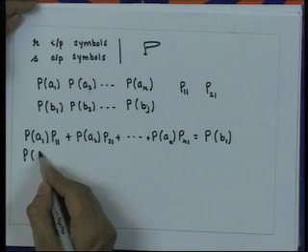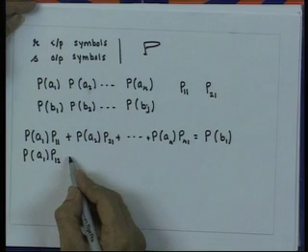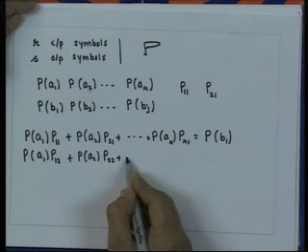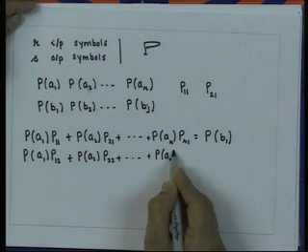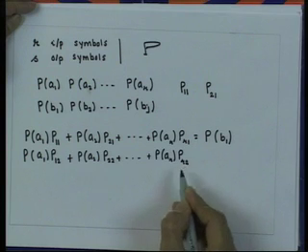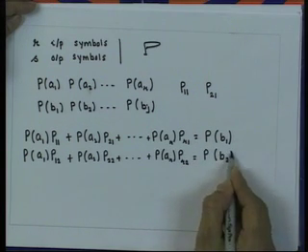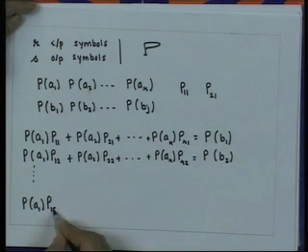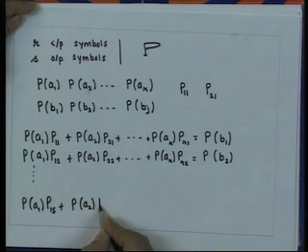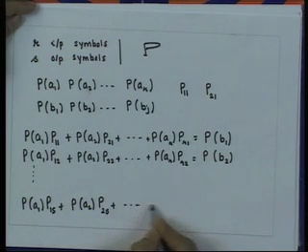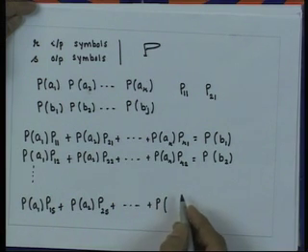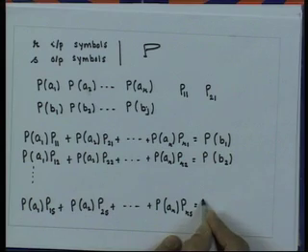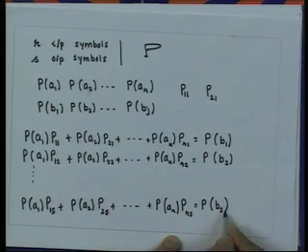Similarly, we can write probability A1 P12 plus probability A2 P22 plus up to probability AR PR2 is equal to probability of B2, and finally probability of A1 P1S plus probability A2 P2S plus up to probability AR PRS is equal to probability BS.